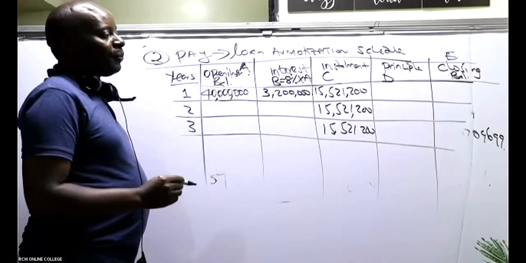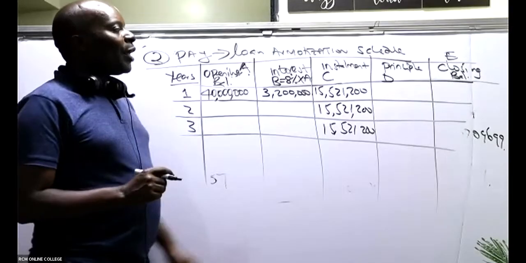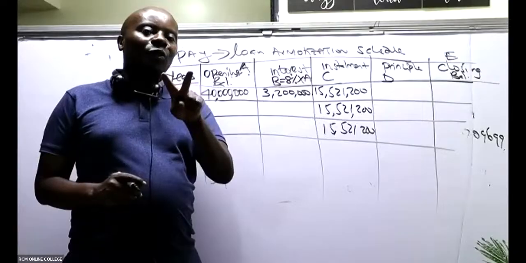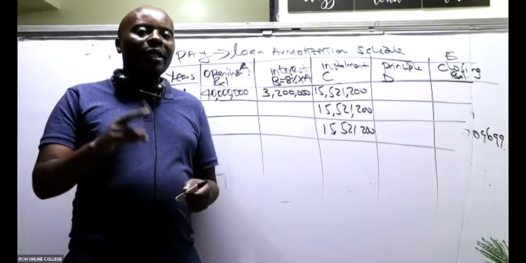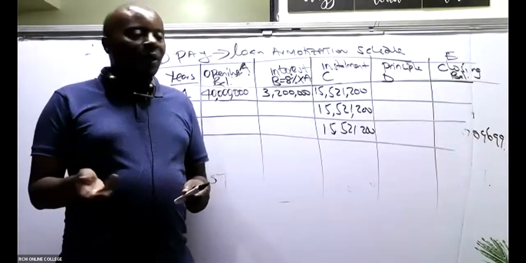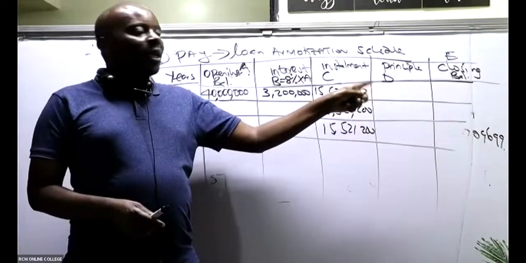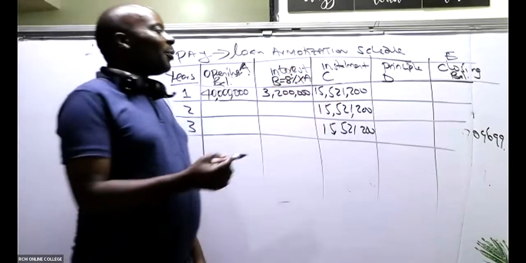Then, ladies and gentlemen, you guys are bright. You know that whenever we pay an installment, it covers two things. It covers interest, and it covers what year? It covers the principal. So basically, this installment is interest plus principal. Now that I happen to be having interest and I have installment, then to get principal is very easy.